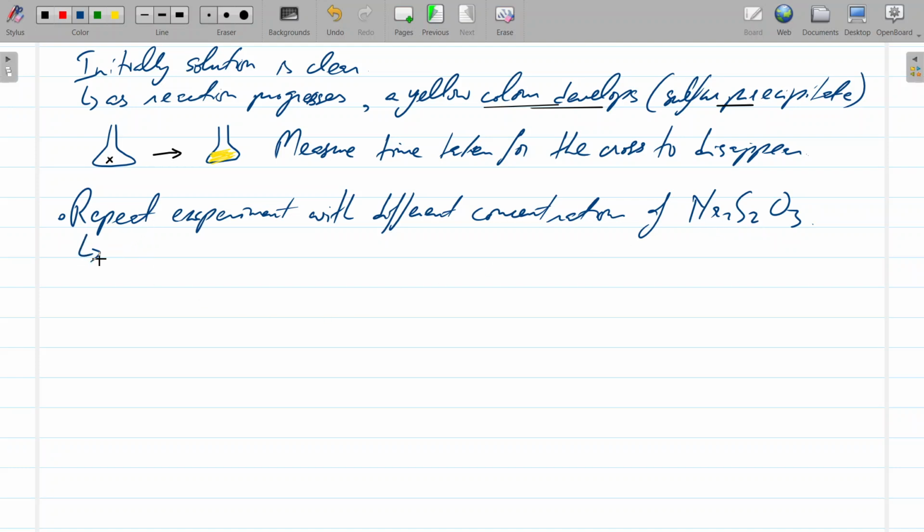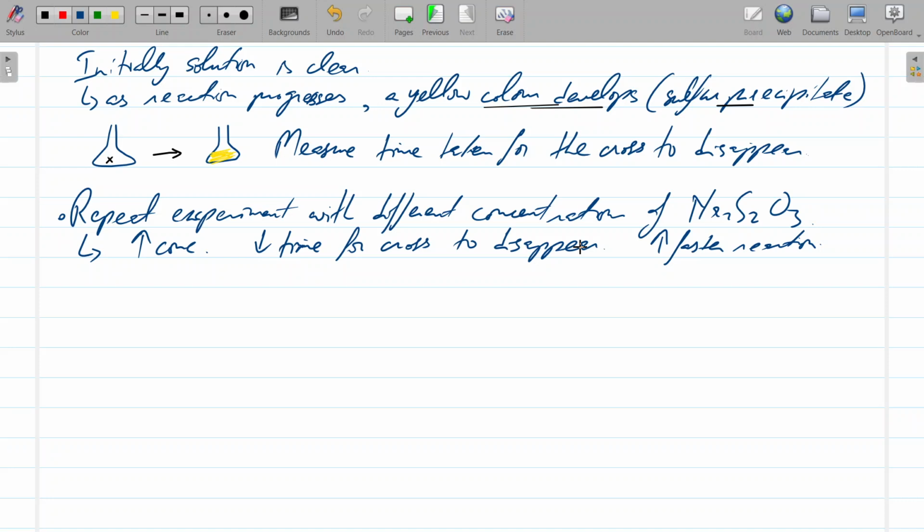And what they notice is that the higher the concentration, right, the faster is the rate. Well, it takes less time for the cross to disappear, right? Because the reaction is faster. Make sense? Yes. Okay.